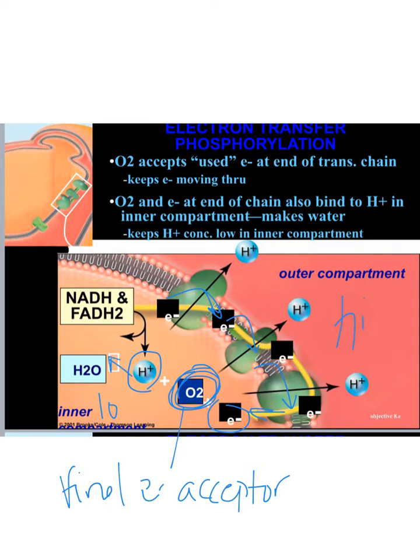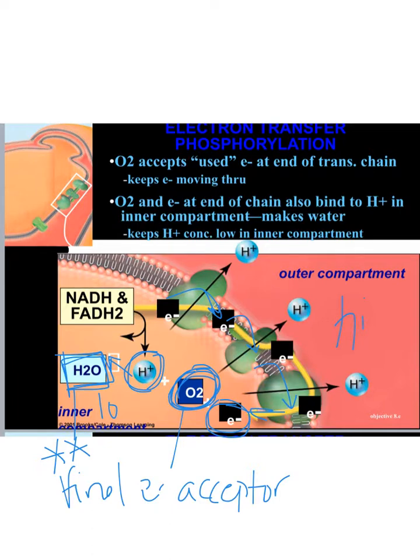When we take hydrogen, oxygen, and an electron and put those things together, we make water. Remember, that was one of our big products of aerobic respiration. Water was a huge product.